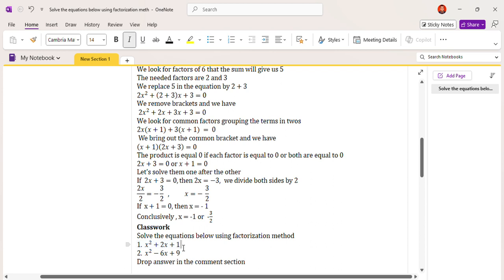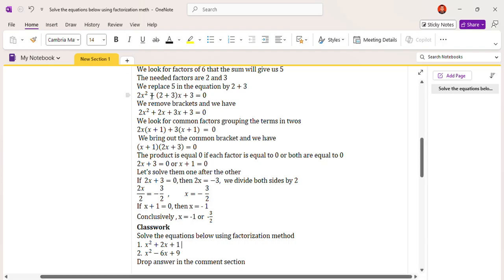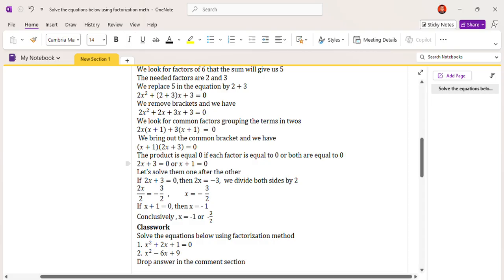I omitted the equals 0 there, because it is an equation, it has to equal 0 as well.